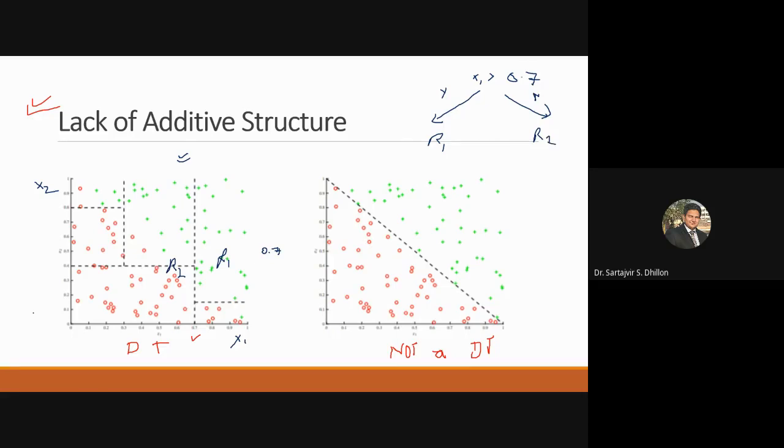Then in the region 1 case, we apply another operation. Here we check if x2, sorry, not x1, if x2 is greater than some value. Which line is there?